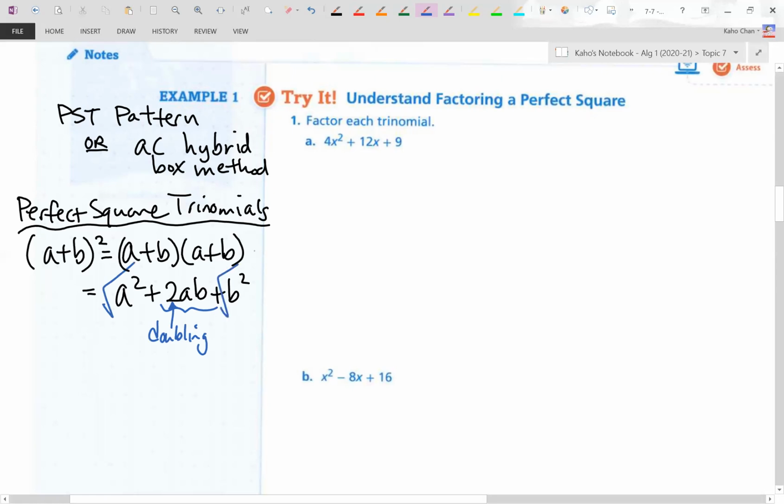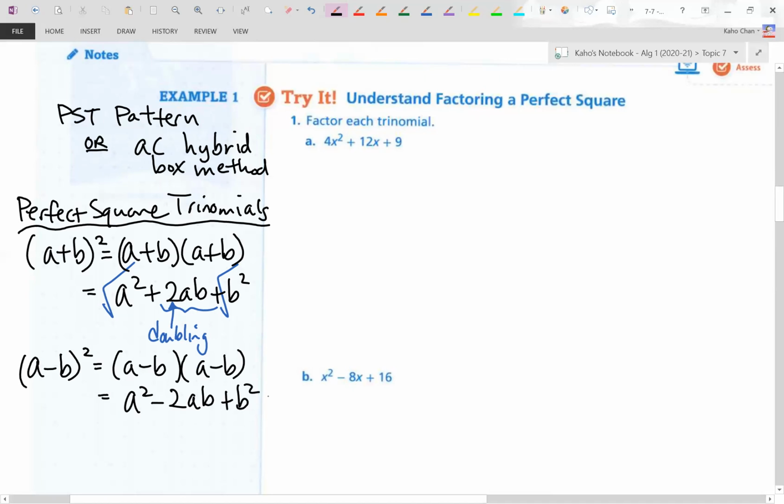See that ab right there? That means the square root. We also have a pattern for subtraction that we can look out for as well today. And there it is, okay?